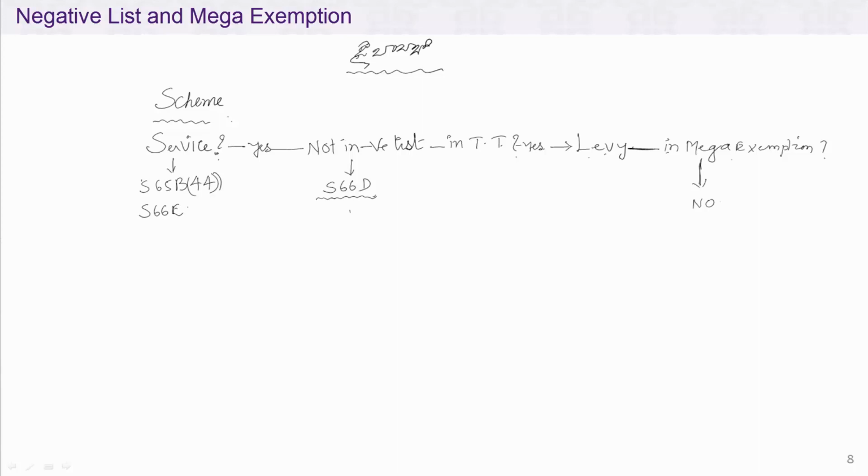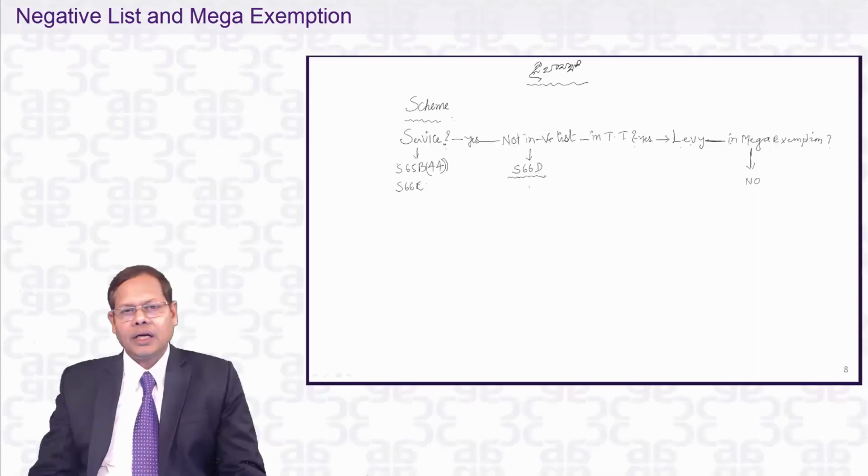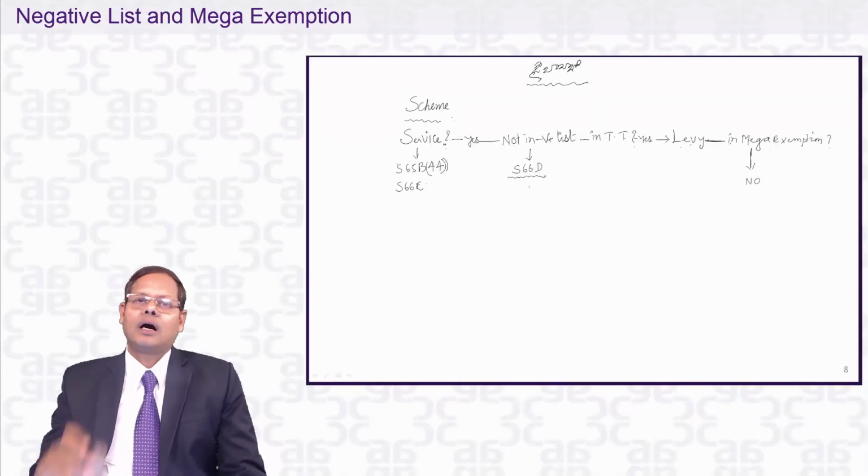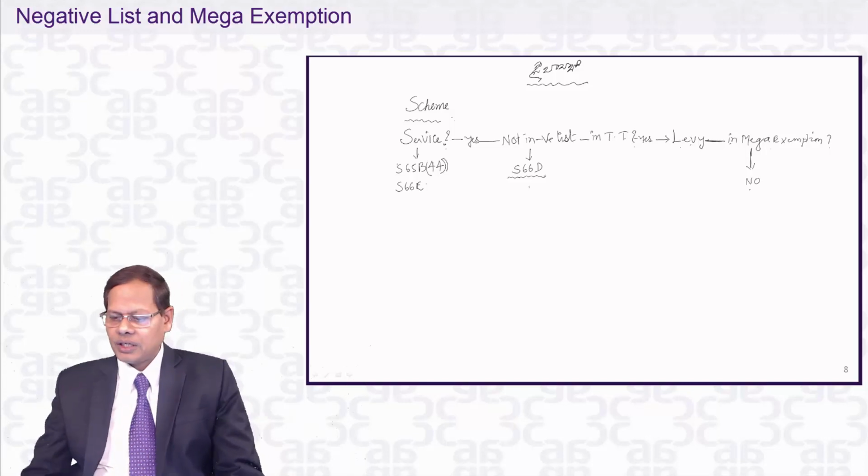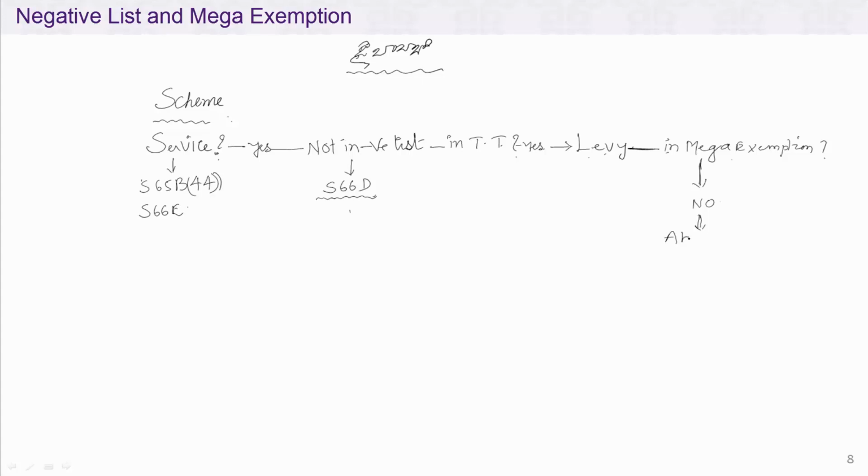Some tax, service tax is payable, tax liability is fixed here, but whether it is payable in full or partial, for that you check up whether it is under abatement scheme. What do you mean by abatement scheme here? Abatement scheme means partial exemption. So suppose here it is no again, then it becomes not only taxable but fully taxable, say 14% fully taxable.